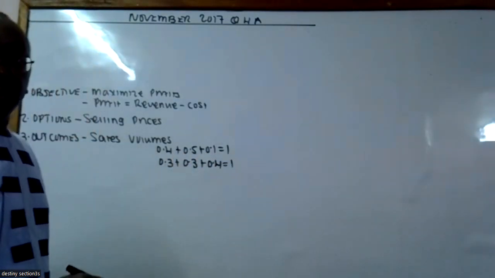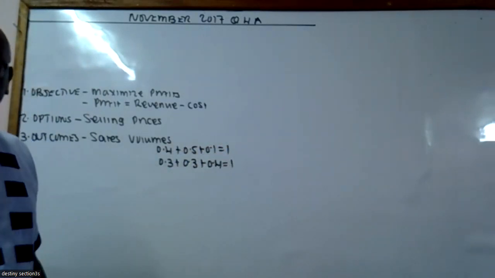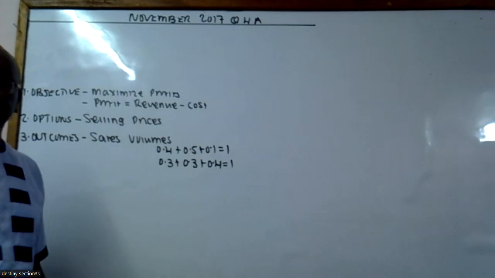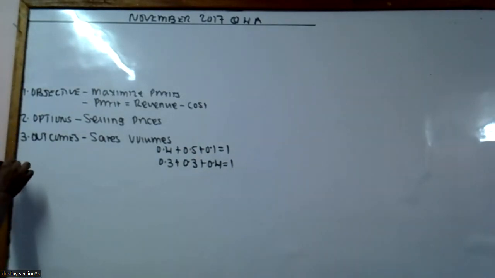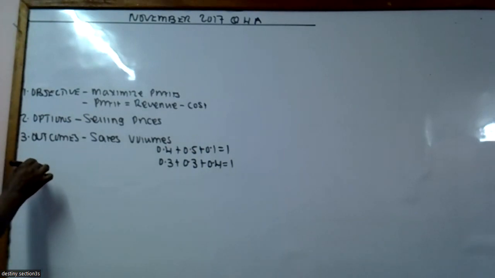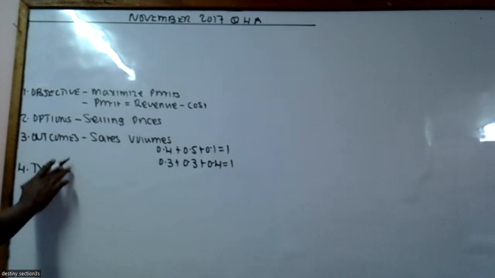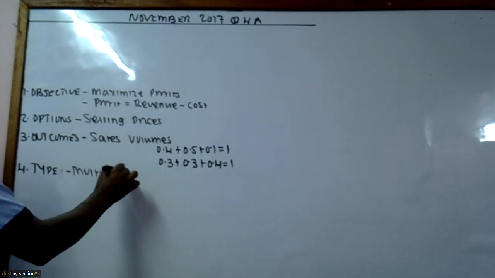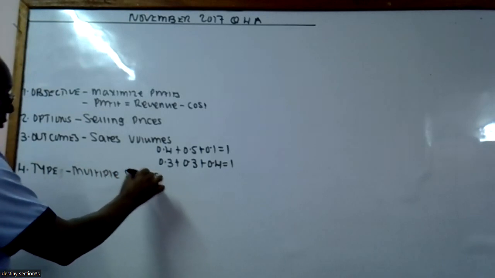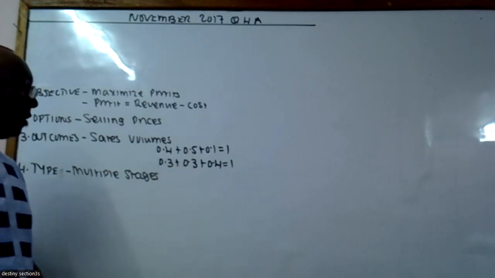So this tells you that there are 2 types of outcomes. And if there are 2 types of outcomes, that tells you in our step number 4, in deciding the type of our decision, this one is multiple stages. It is multiple stages because you can see we have more than one here.